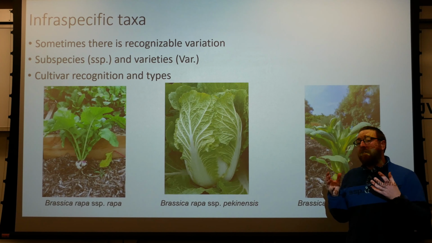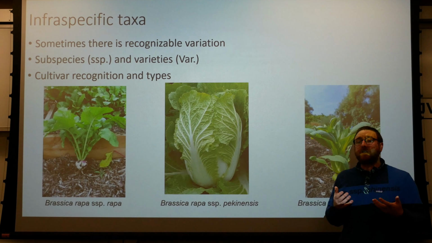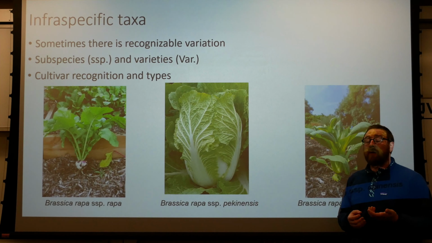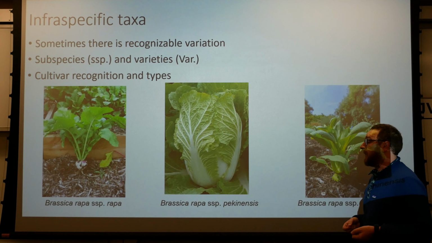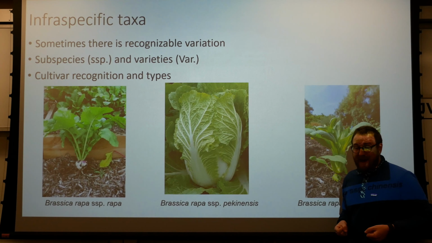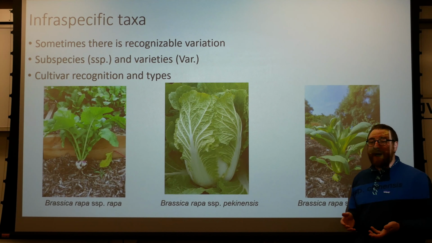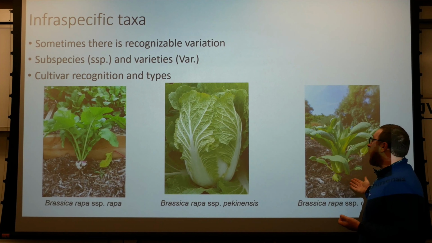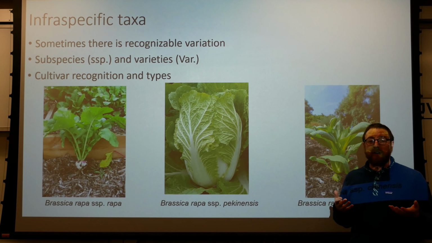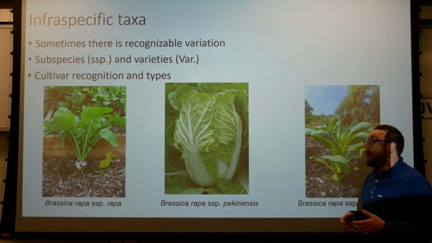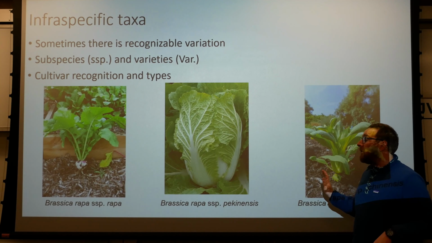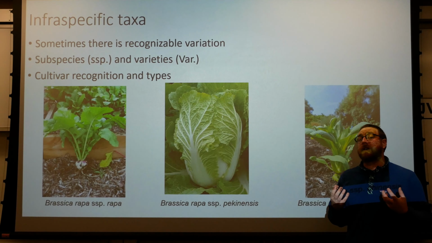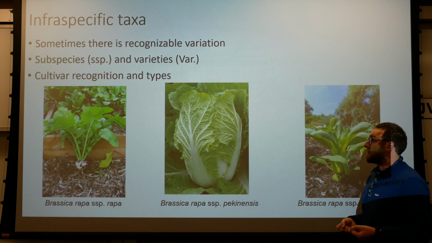But below the specific epithet, we also get into areas where we might need to give various names. If you take Brassica rapa, for example, it is a very interesting group because it has a really wide variety of different shapes and forms. But all these plants are able to breed together and they're considered the same species.